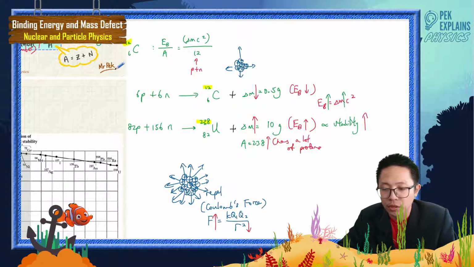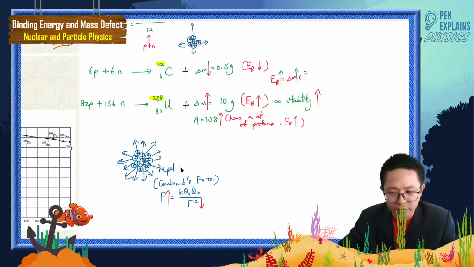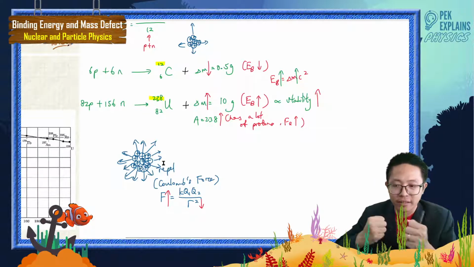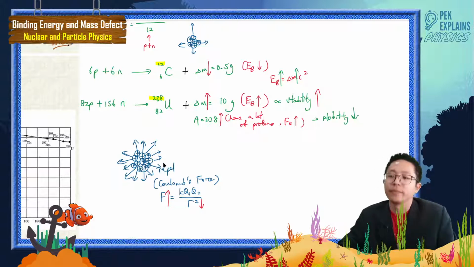A lot of protons means the Coulomb force, the electrostatic force, is also very high. When there is a lot of repulsive force in the nucleus, it lowers the stability. Then the stability becomes lower. Understand that?